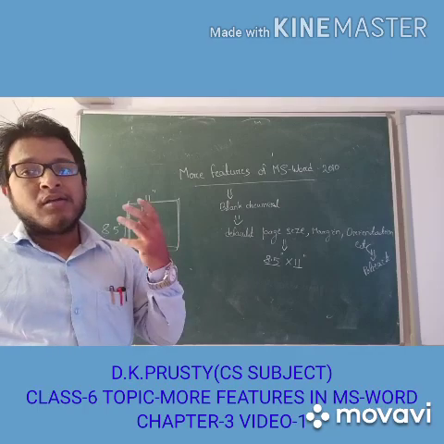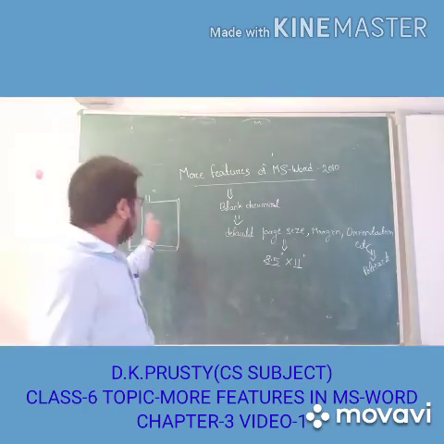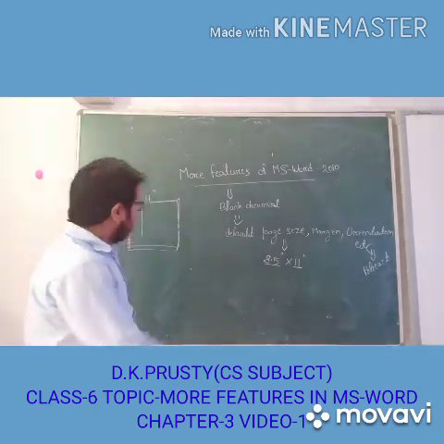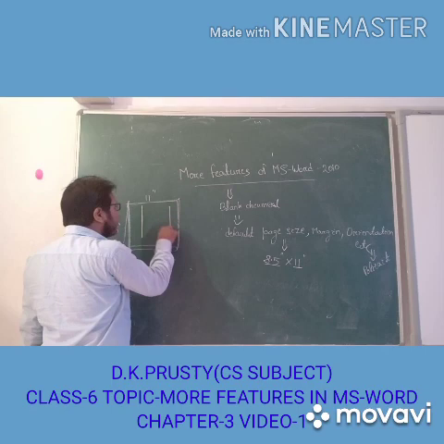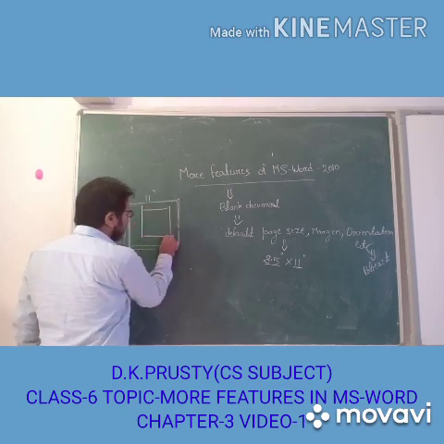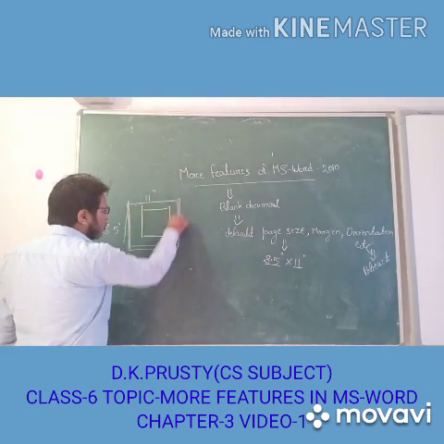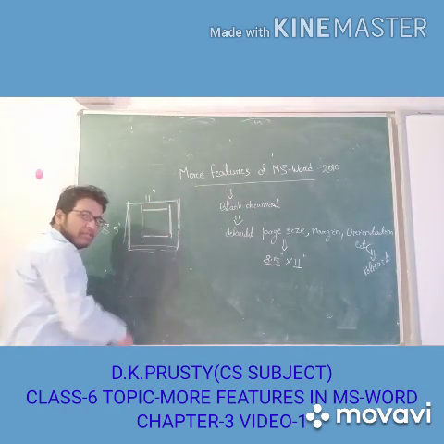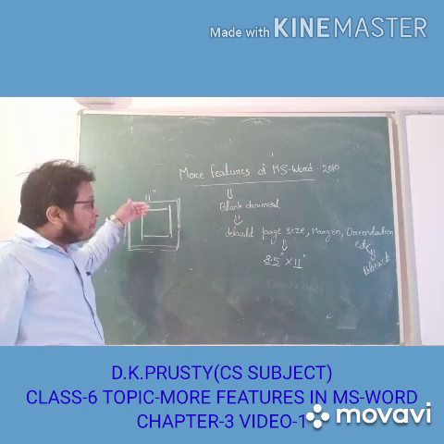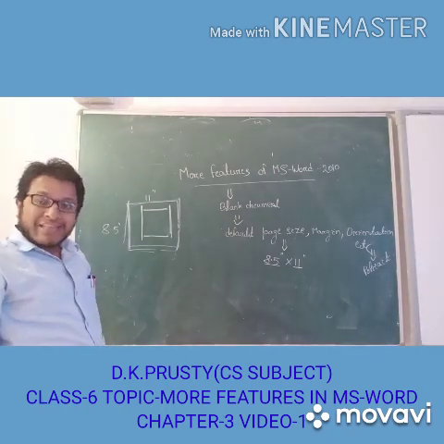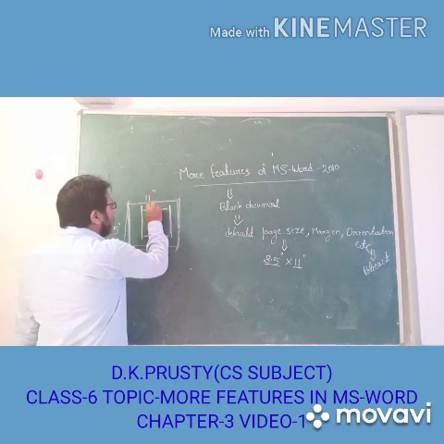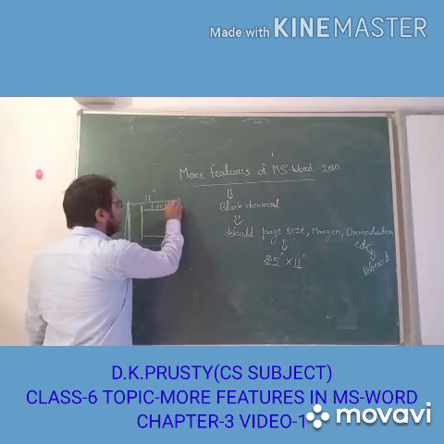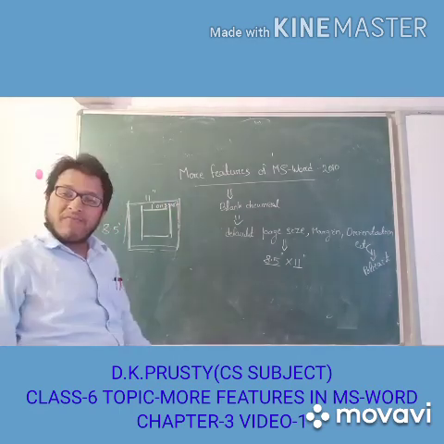There are different types of page margin: left margin, right margin, top margin and bottom margin. If this is your blank document, this is your left, top, right and bottom margin. The default page margin is also there. That is 1 inch or 2.54 centimeter.